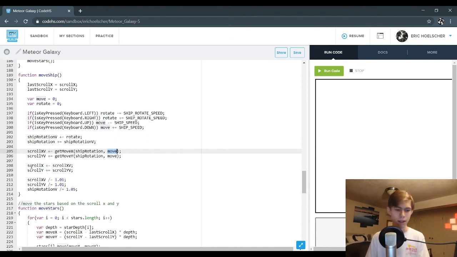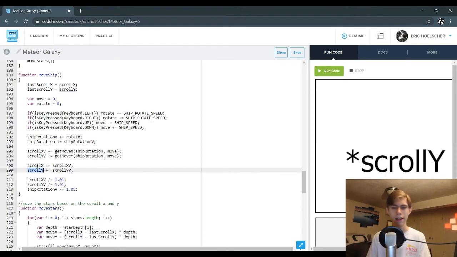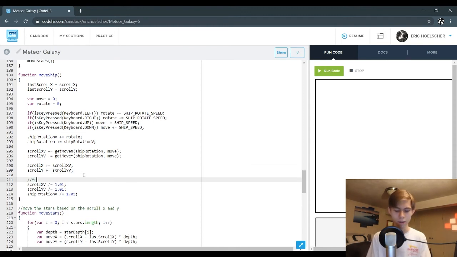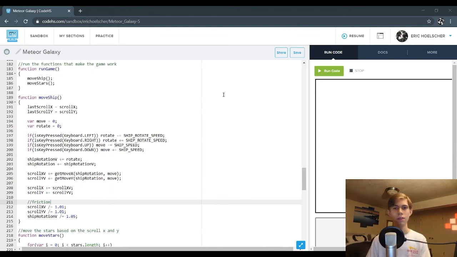And then right here, we're adding the scroll X velocity to the scroll X, and the scroll Y velocity to the scroll Y to move around in the world. And then we're adding right here the friction, so we're dividing the velocities so that they don't get out of hand. The last thing we're going to do is add the ship to the middle of the screen.